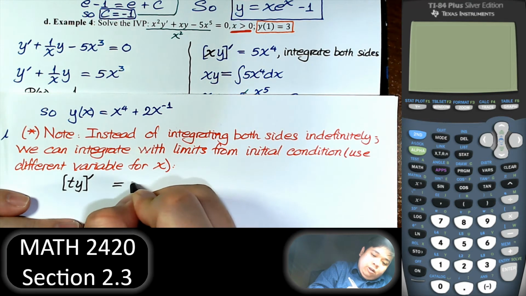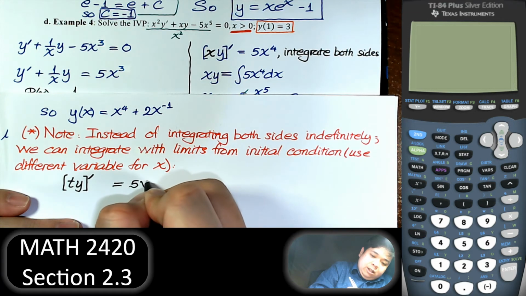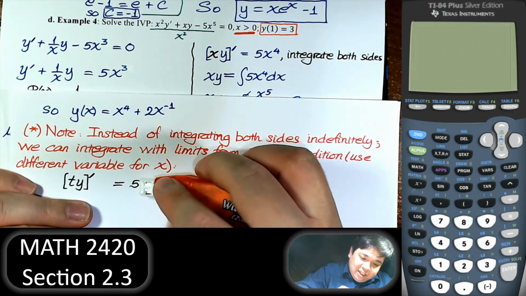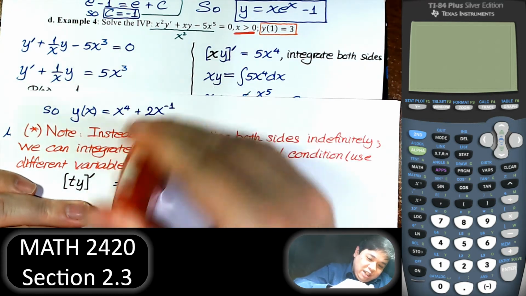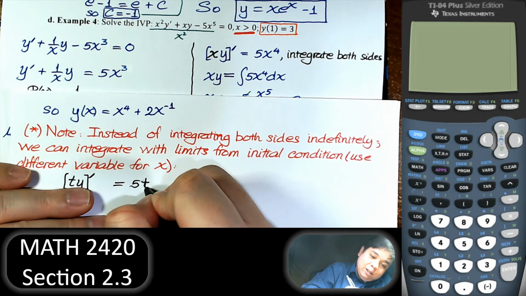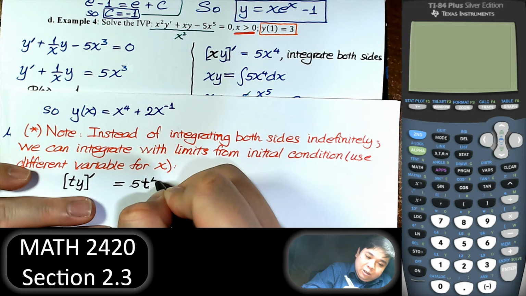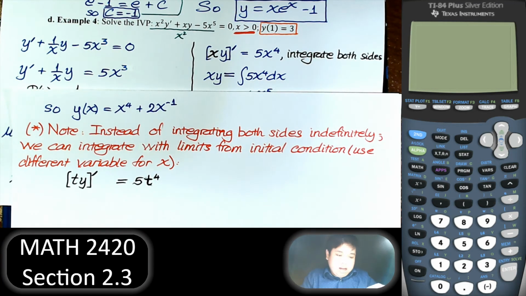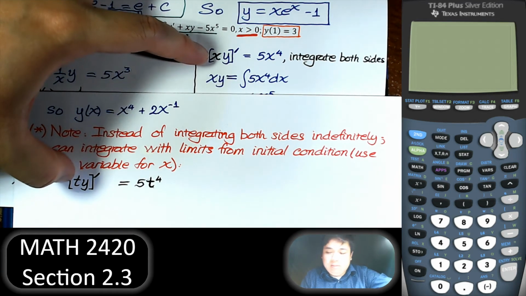equal to 5x. Let's say that, replace that with t, because we're going to put the x in the limit. Right, so that is this equation.